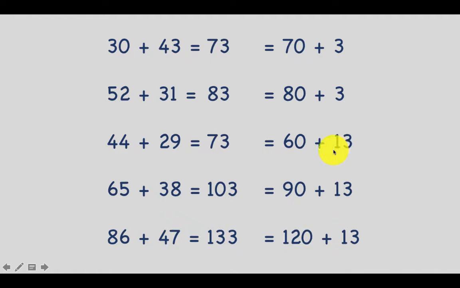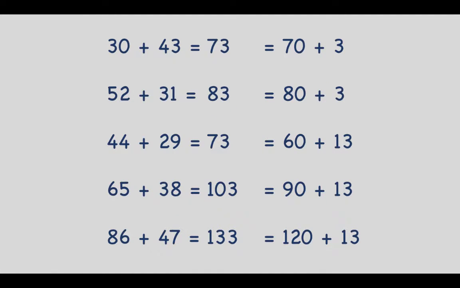We must unitize to make a 10 and add that 10 to 60 to get 73. However, in 52 plus 31, we do not need to unitize. 50 plus 30 equals 80. 2 plus 1 equals 3. So the answer is simply 83.